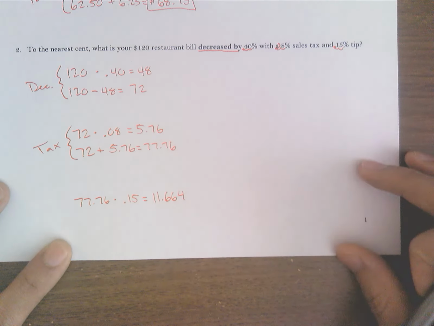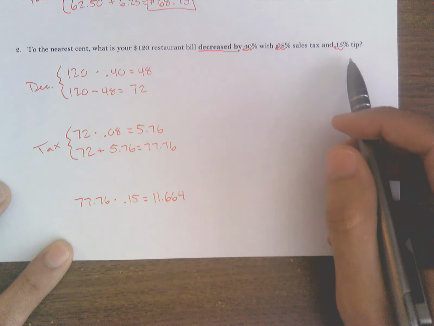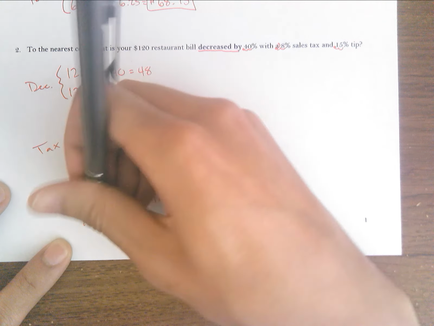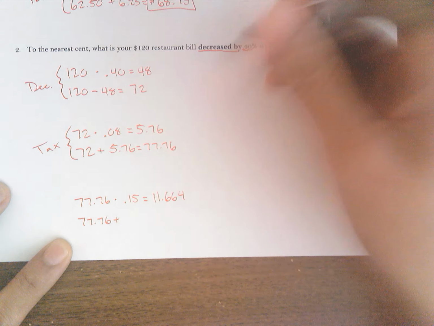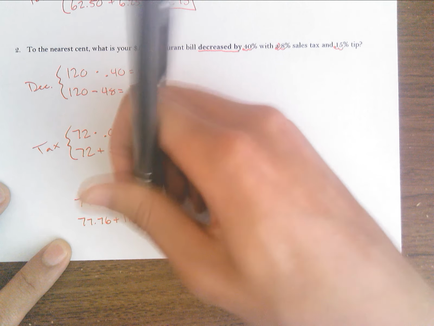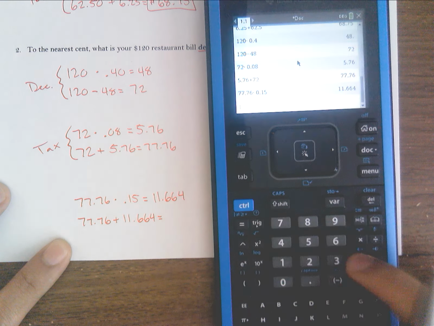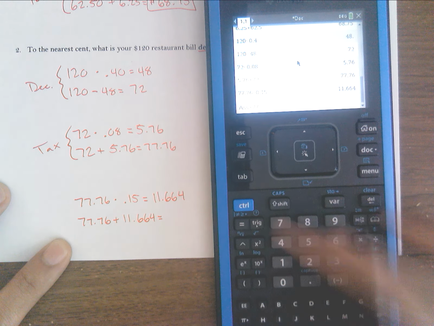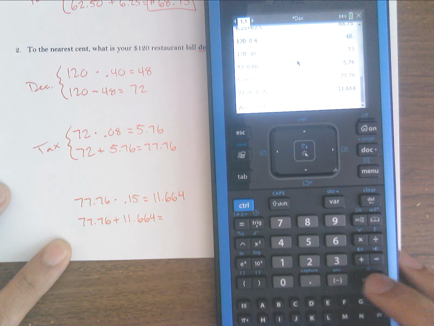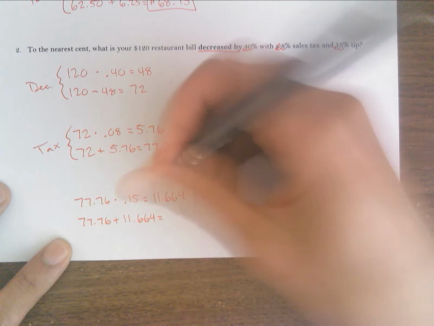All right, so that is the 15% of this. Now the tip, we have to add it to the total here. 77.76 plus our tip, which is $11.66. When we add that, we get a total of 89.424. Now, in dollars and cents, we're going to round.